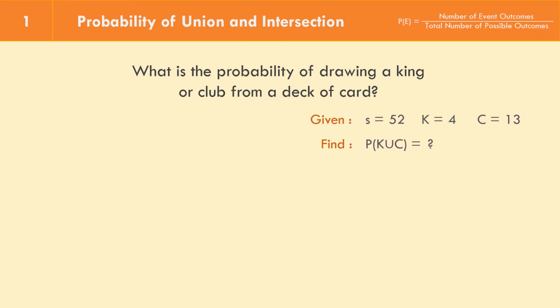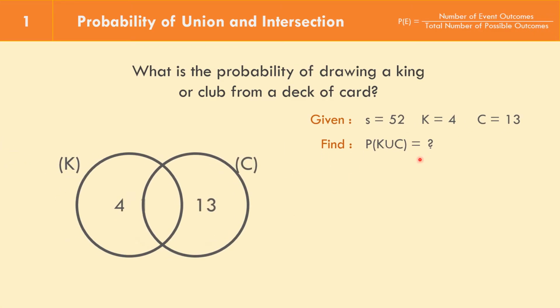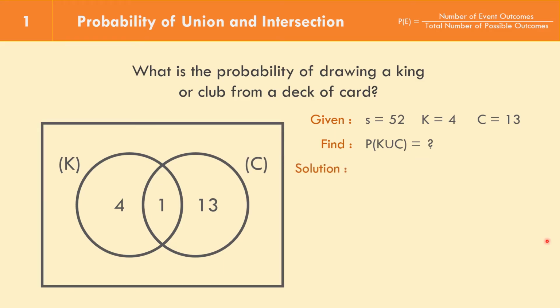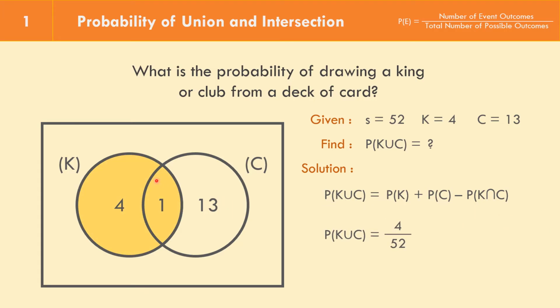So let us solve now the probability of the king or a club from a deck of cards. The formula is equal to the probability of the king plus the probability of the club minus the probability of the king intersection club. So what could be the probability of the king? That is equal to 4, the event for the king, all over the total number of possible outcomes, that is 52.